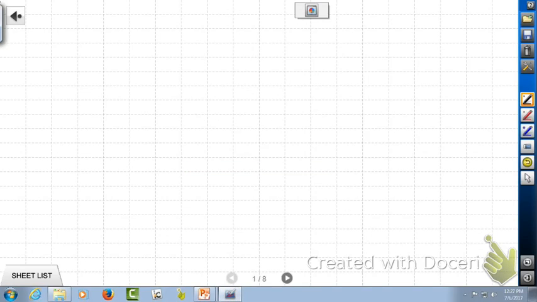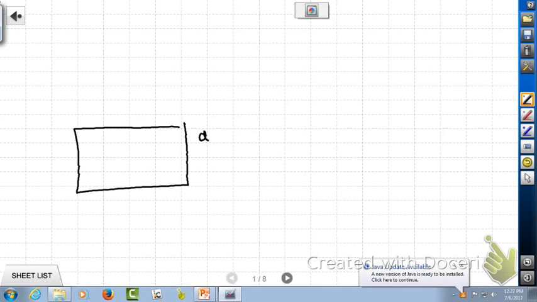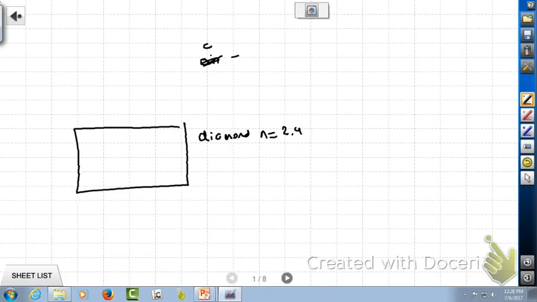Let's go to here. And let's do a typical example. So in this typical example, we have diamond, n equals 2.4. And let's have oil, n equals 1.5.